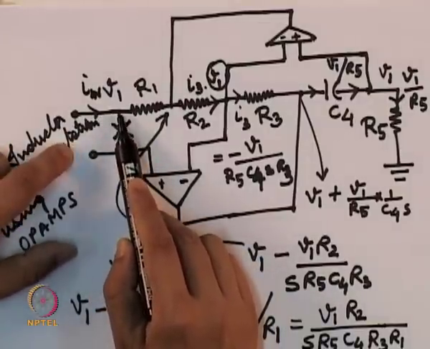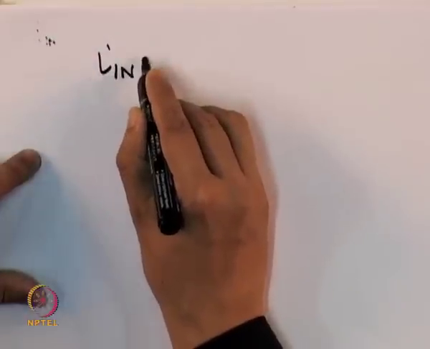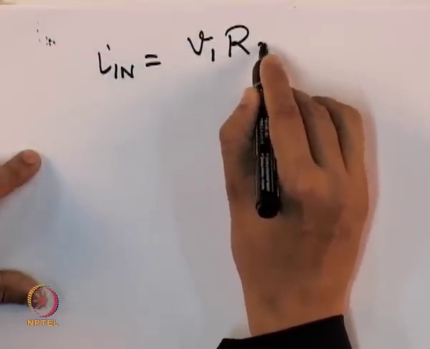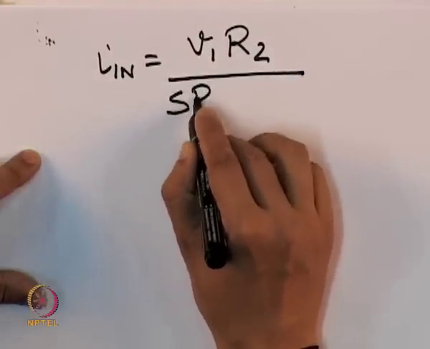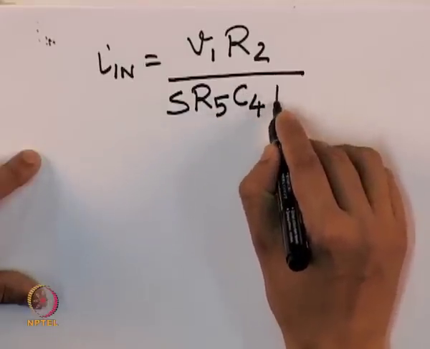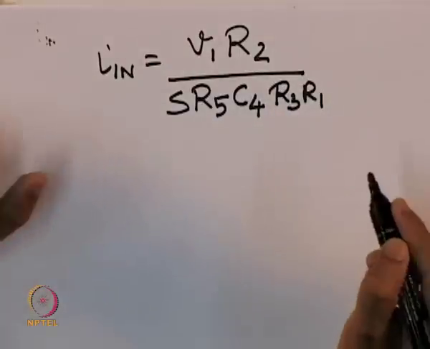So, V1 is also the input voltage and I in is the input current, and that I in is given by V1 R2 upon S R5 C4 R3 R1.